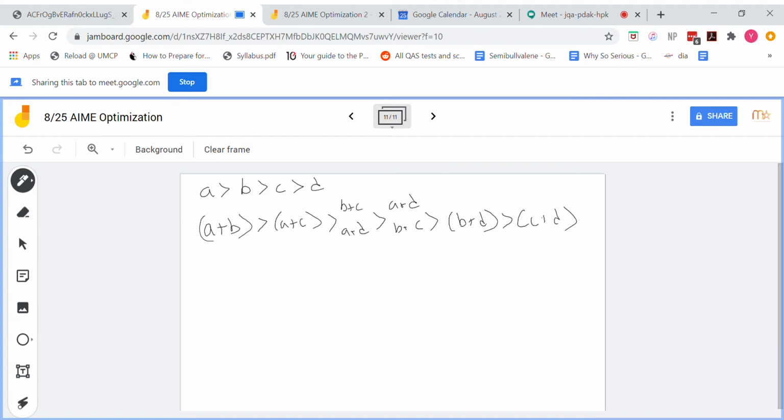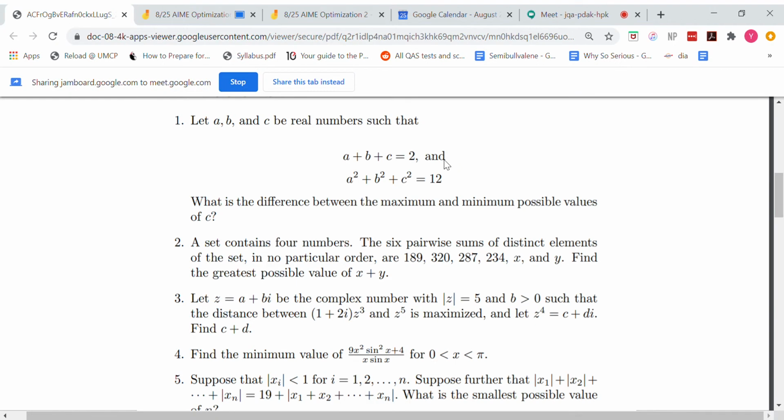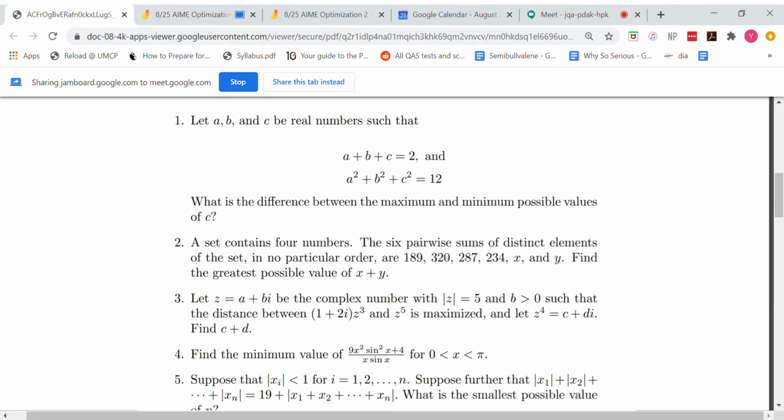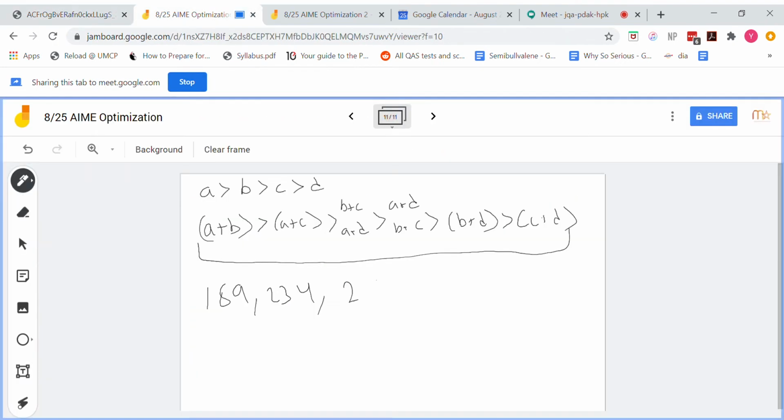Alright, so we have 6 distinct sums. And then we're told that these 6 sums are 189, 234, 287, and 320. And then we have x and y.